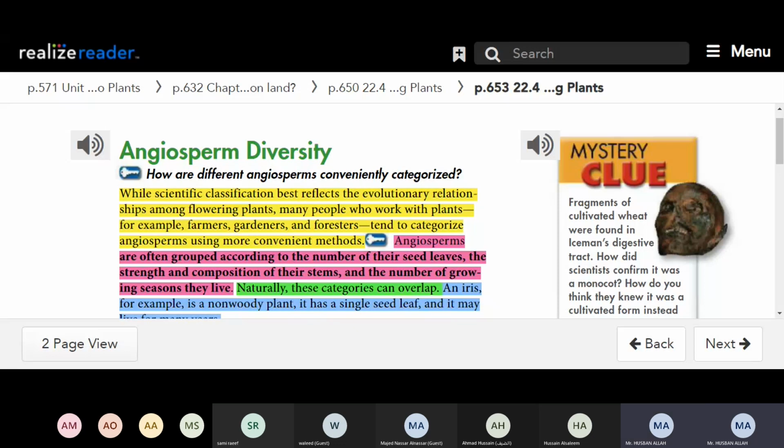While scientific classification best reflects the evolutionary relationship among the flowering plants, many people who work with plants, for example farmers, gardeners, and foresters, tend to categorize angiosperms using a more convenient method. If you categorize the angiosperms, you cannot categorize them as well as a farmer, a forester, or a gardener would.